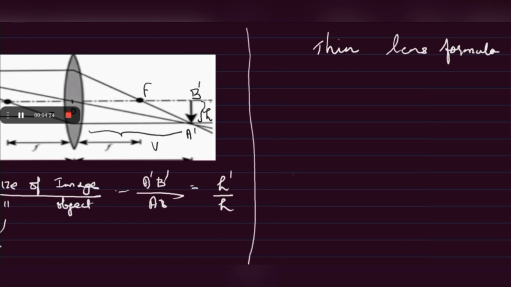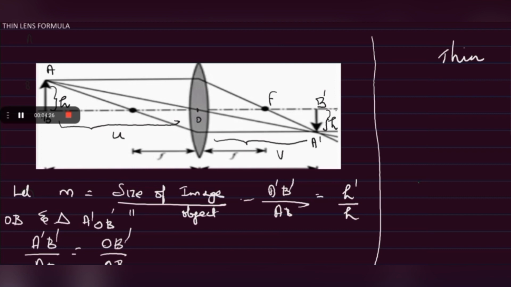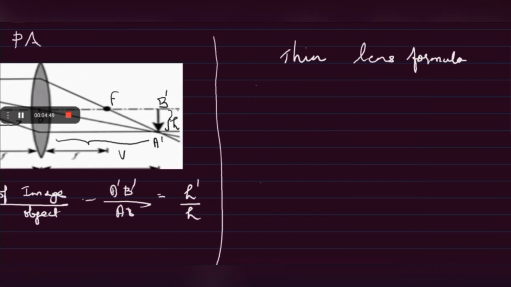As I said, let AB be the object perpendicular to the principal axis, and you have marked all the points like this. We have considered U, V, F as per the consideration for all the things. So what type of image is formed? A real and inverted image is formed, and you can see that the real and inverted image is seen.